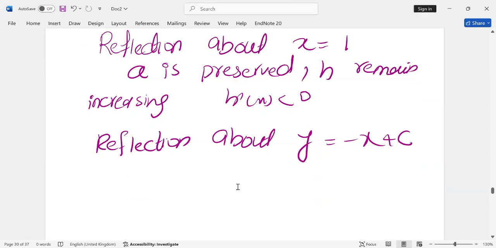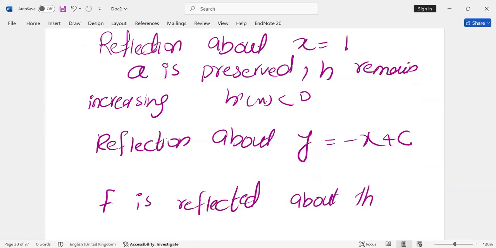So the conclusion is that we say that f is reflected about the line y equals to minus 2, right? So the simplest transformation that swaps the sign of a while maintaining the asymptote is a reflection about the horizontal asymptote, okay? So this is the required answer for this question.